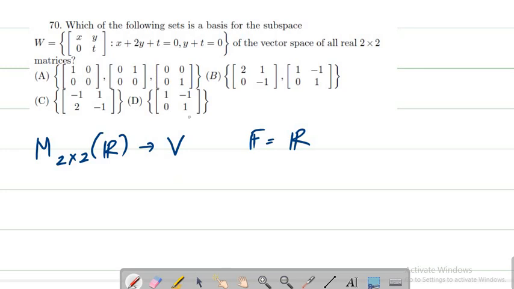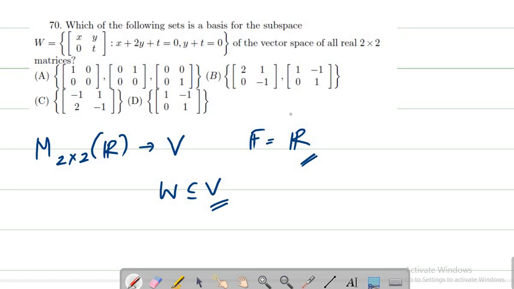If we have a vector space V, we can define a subset W of V to be a subspace of V if it itself is a vector space over the same field F, with respect to the same two operations, vector addition and scalar multiplication.